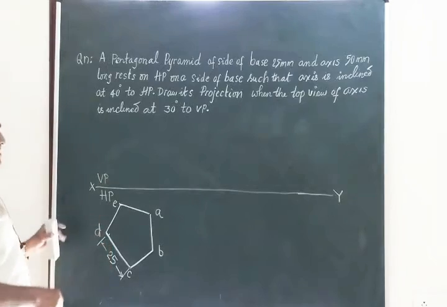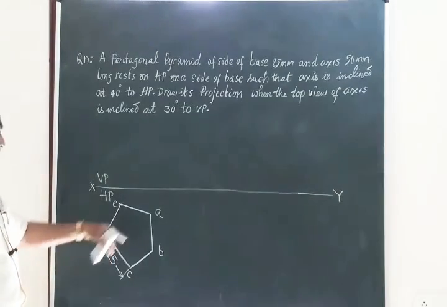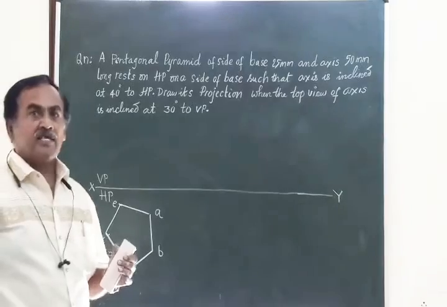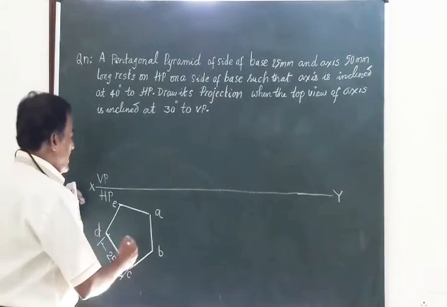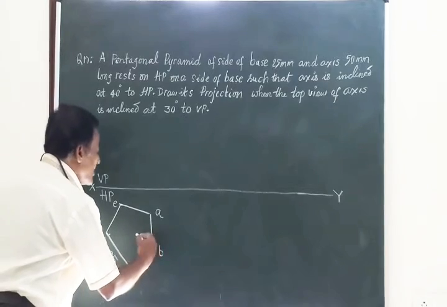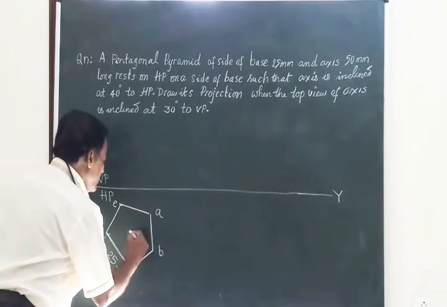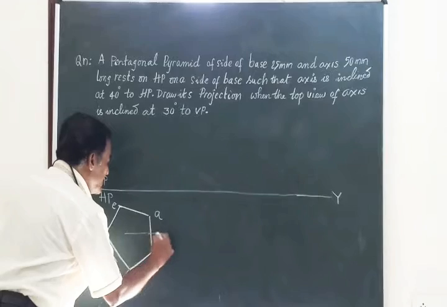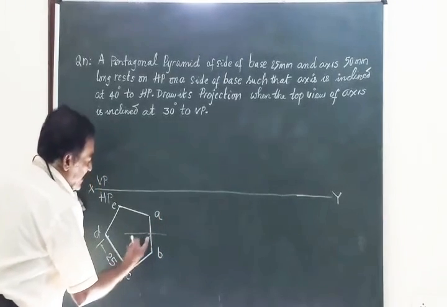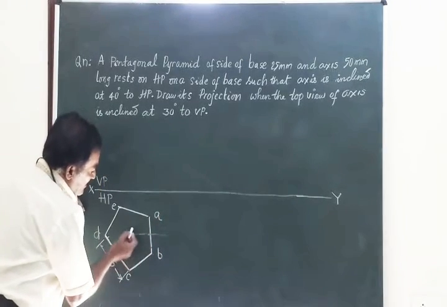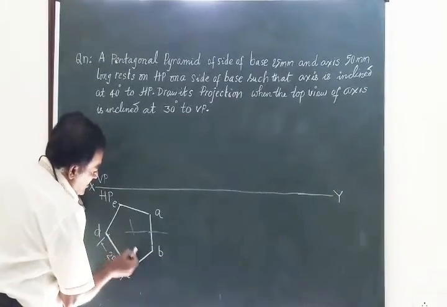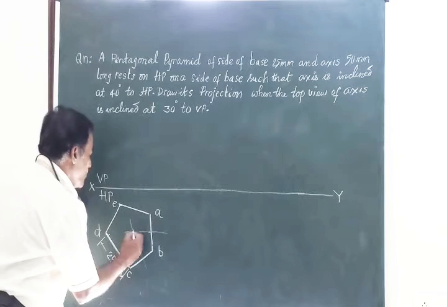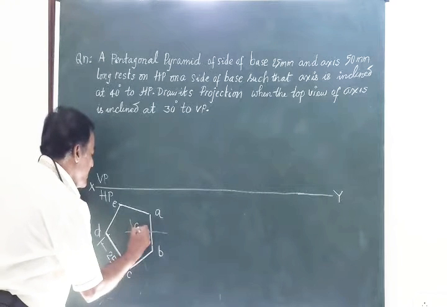Then after getting the top view of the base, I have to locate the vertex of the solid, that is O. That can be got by bisecting two adjacent sides. If I bisect this AB into two equal parts, you get a point here. Similarly bisect this side BC, and the point of intersection of these two will give you O, the center of the base.